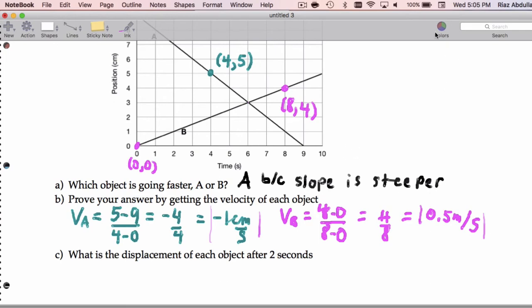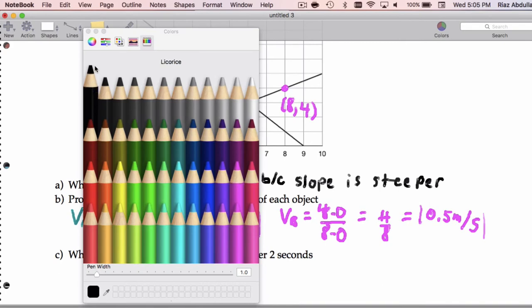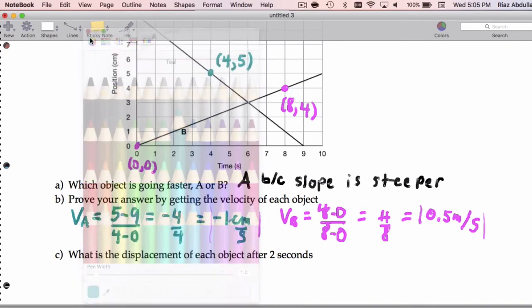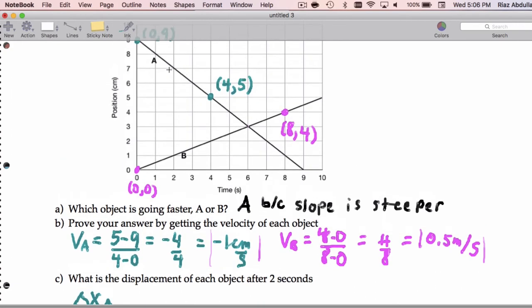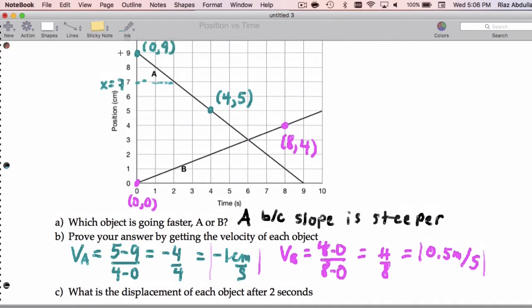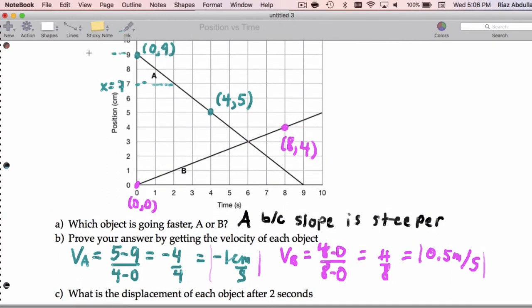Now, to get the displacement of each object after 2 seconds, let's be careful here. So the displacement of object A, what we do is we go up to the 2 second mark, and we notice that its position coordinate is 7. And it started at 9.